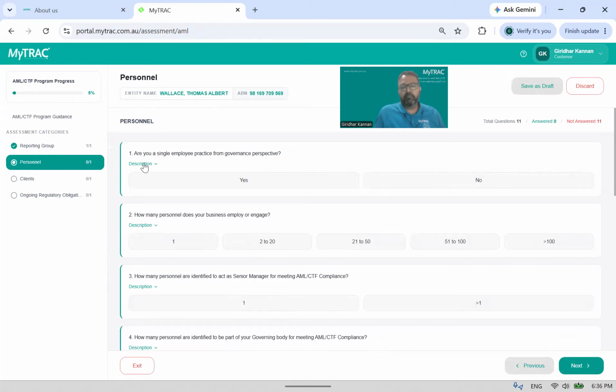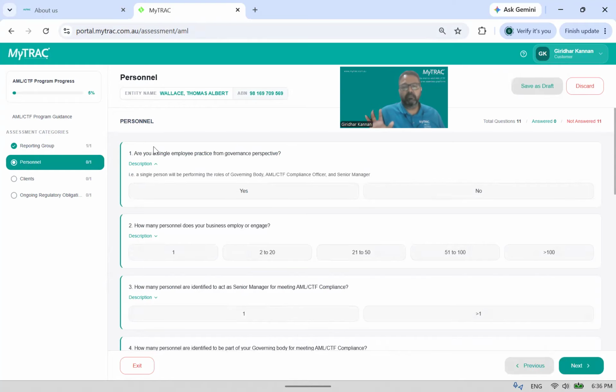Now, this is the most important question, I would say, from a governance perspective. Are you a single employee practice from a governance perspective? What this means is that you may have staff, but you are the single person, a solo practitioner or the owner of your practice, and you make decisions on every onboarding of a client or every service that you're providing to your client.